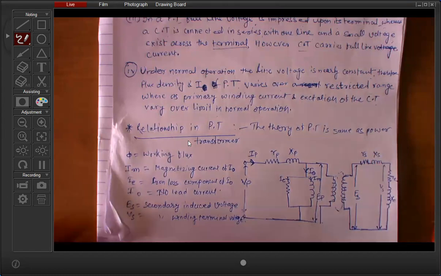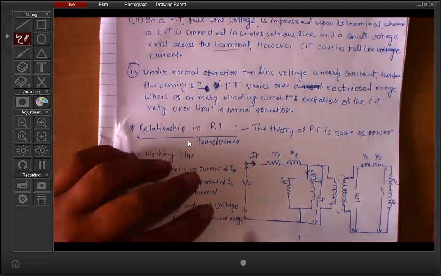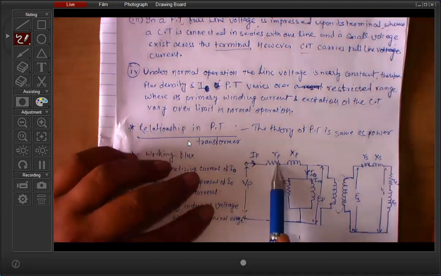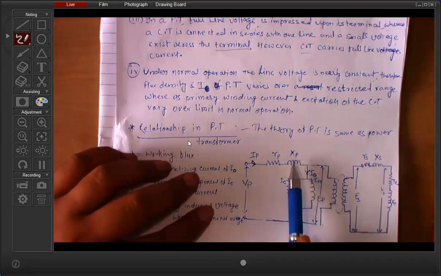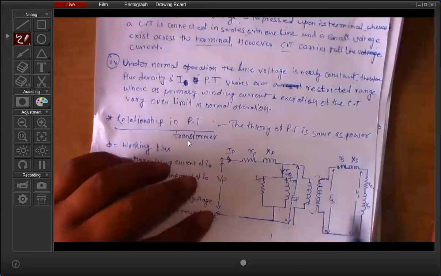So the equivalent circuit diagram of the potential transformer. On the primary side, RP is the primary winding resistance, XP is the primary winding reactance. This is called the no load part. The no load part has two components, IC and IM: the core loss component and the magnetizing current. Suppose you have applied VP as the primary side voltage, and EP is the induced voltage.